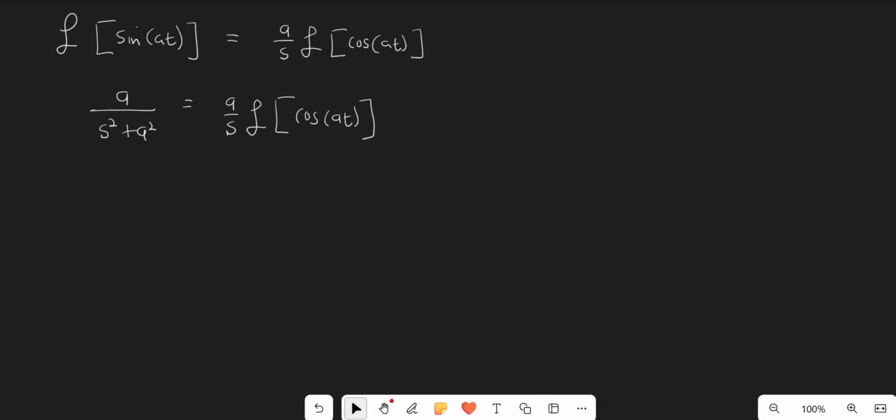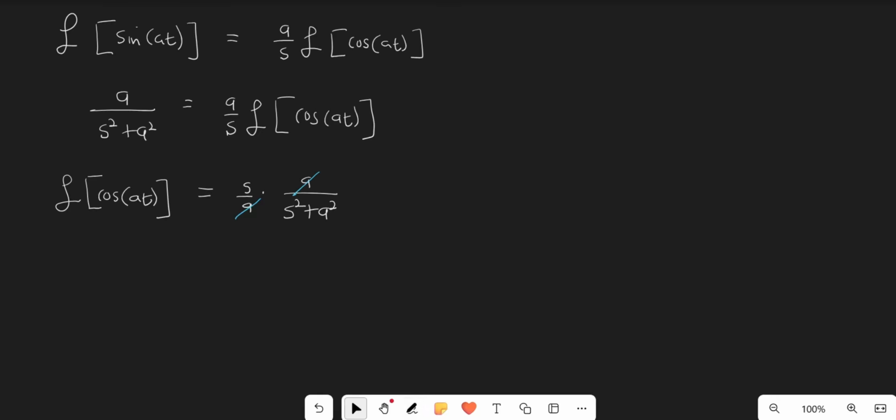So if we want to isolate the Laplace transform of the cosine of at, we multiply both sides by the reciprocal of this. So the Laplace transform, ladies and gentlemen, of the cosine of at is going to be s over a multiplied by a all over s squared plus a squared. And there's going to be a beautiful cancellation here.